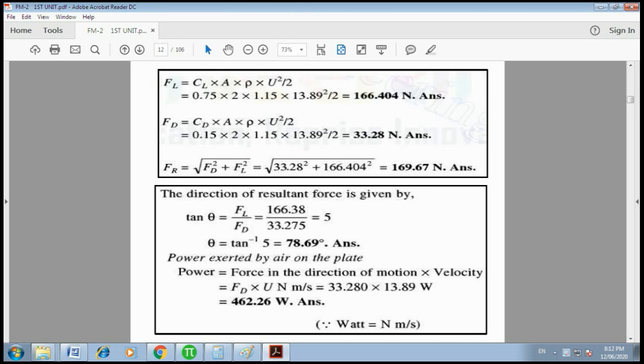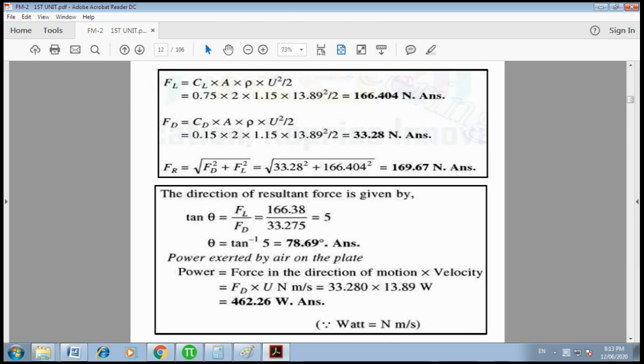Then the resultant is calculated by the formula, under root FD square plus FL square. By putting in the above values, we calculate the resultant. Then the direction of the resultant force is given by the standard formula, tan theta is equal to FL upon FD. Then theta is equal to tan inverse of 5, that is 78.69 degrees.